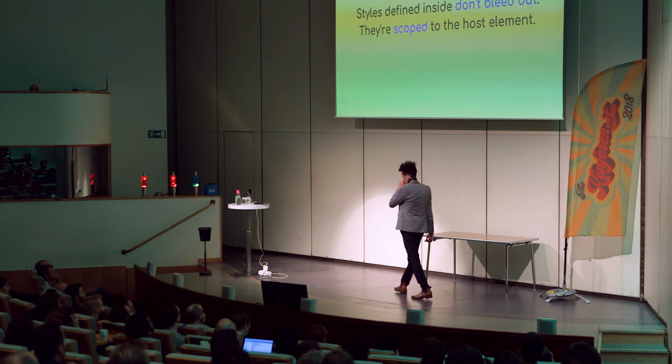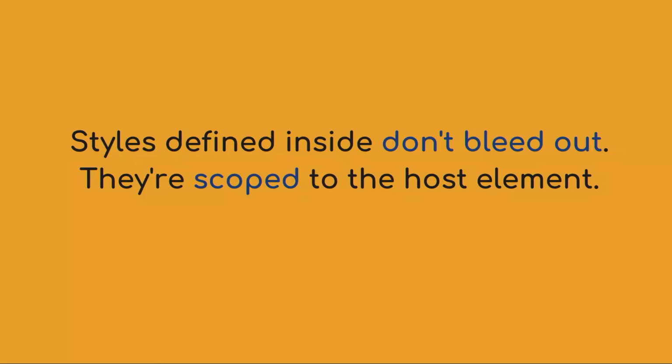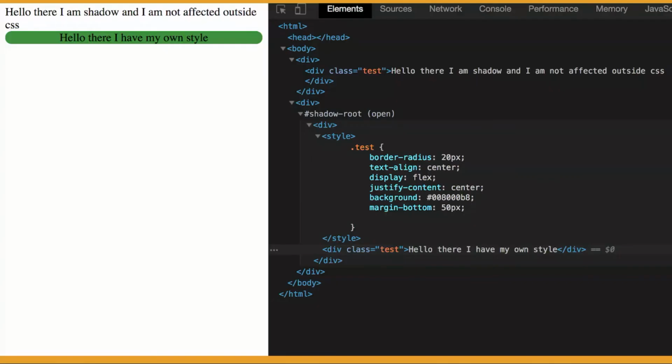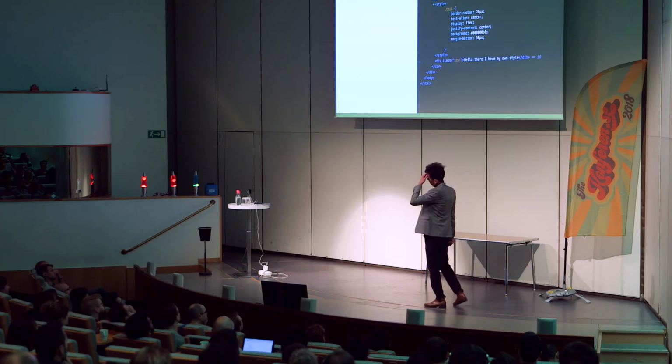Then we have the second rule. The styles defined inside don't bleed out. They are scoped to the host element or the shadow DOM tree. This is an example to understand this. What I have done here is move the style definition inside my shadow structure, and as you can see, inside the shadow structure we have a div with class test, and it now has the background green, but this style definition didn't apply to the outside of the page, which means, again, we have scoped CSS.